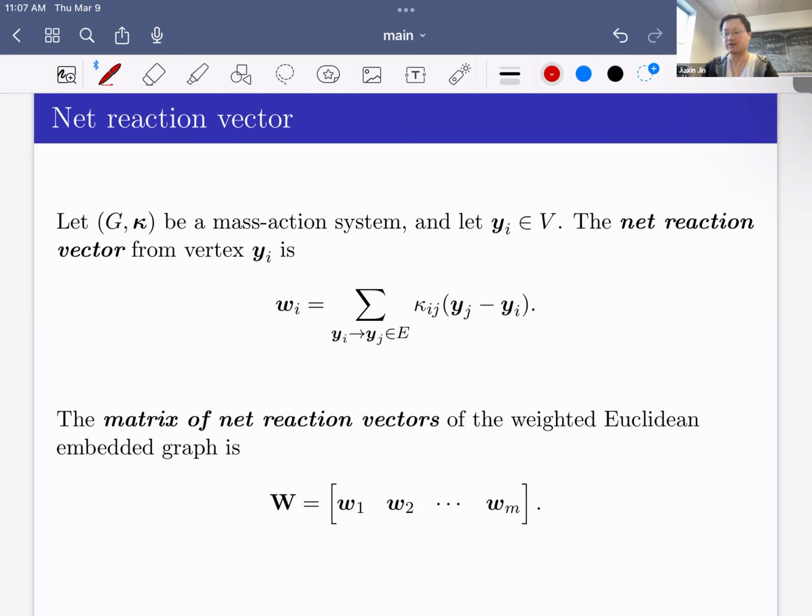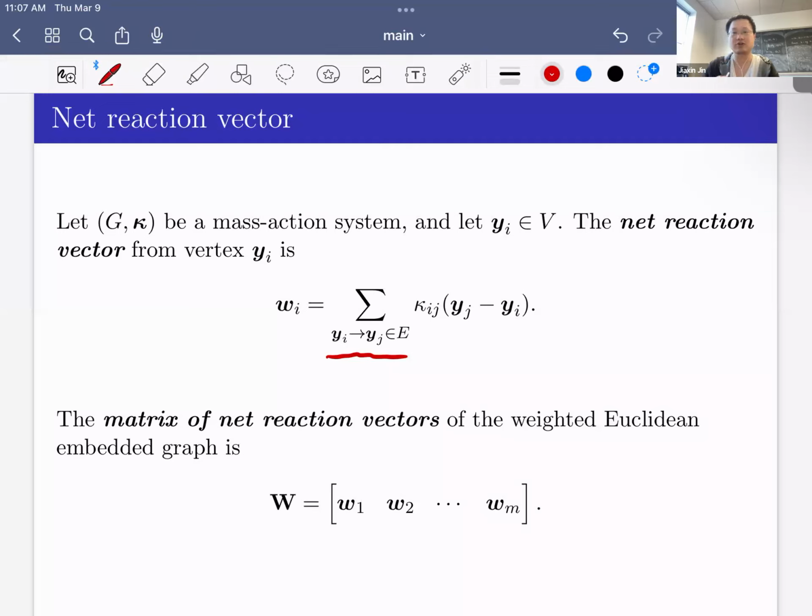The net reaction vector is this: if you focus on each vertex yi, we collect all the reactions starting from it and take the summation of all the kij times yj minus yi.